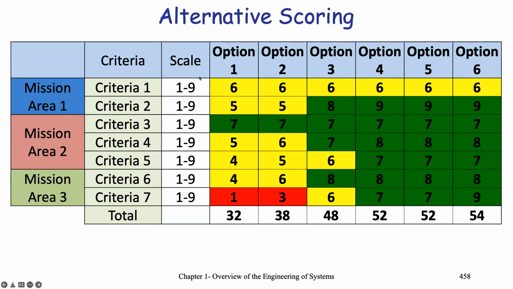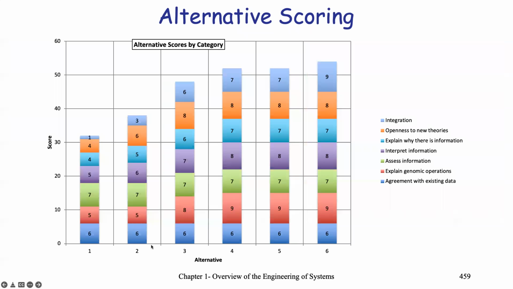For this, we're not talking about having this additional feature of weighting. It's just a simple scoring of a handful of criteria. And then here is just a listing of possible types of criteria that might be relevant. And you can see how this last option, number 6, scores the highest.